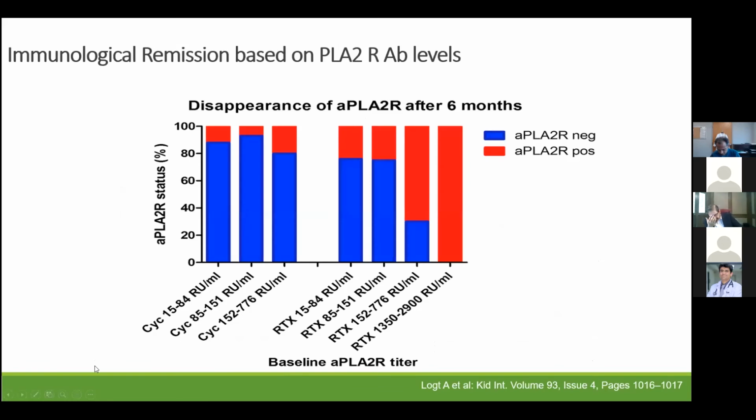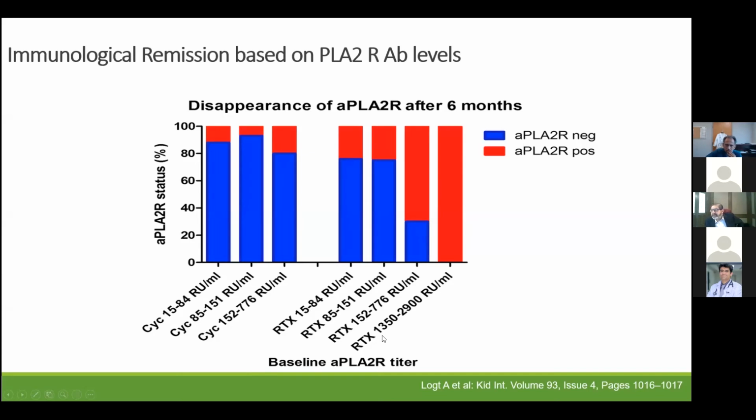This is from the Dutch group. Essentially, these 3 bars are cyclophosphamide, and these 4 bars are rituximab. Again, the antibody levels are pretty similar to what Ragnaneti and company had: low levels, 15 to 84; intermediate level, 85 to 151; and high level PLA2R, 152 to 776.